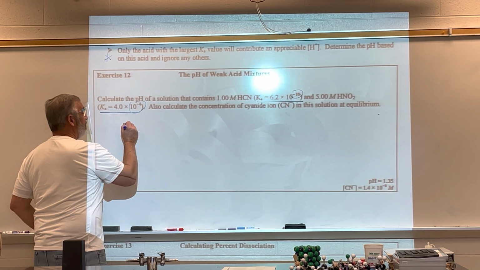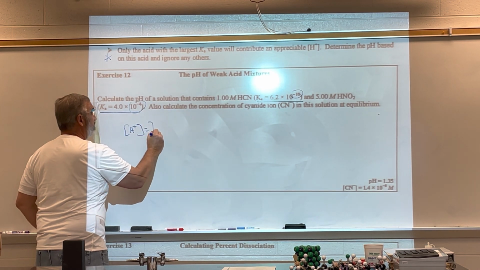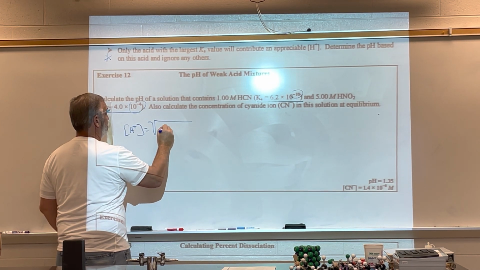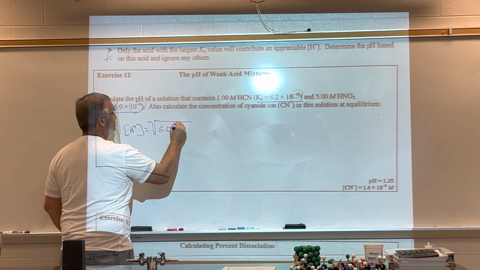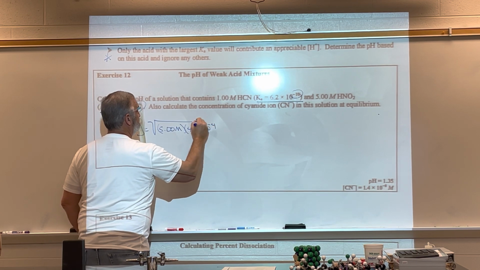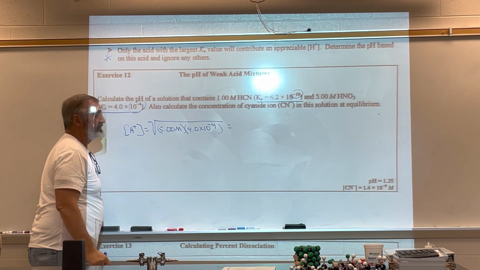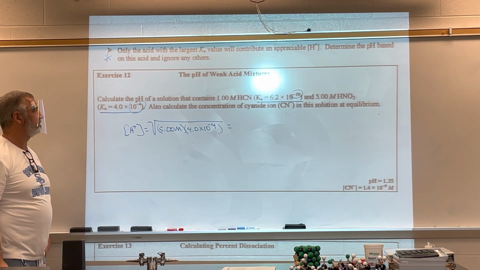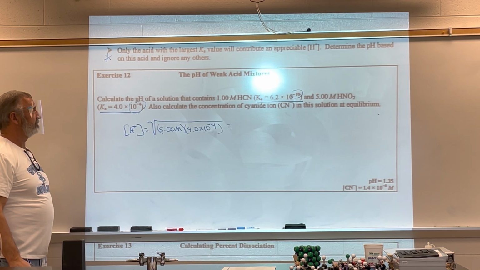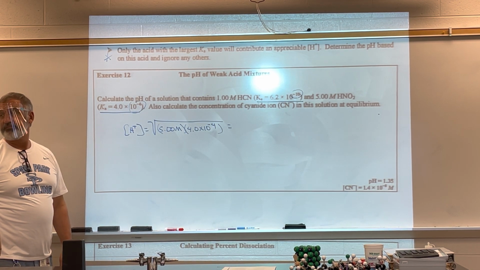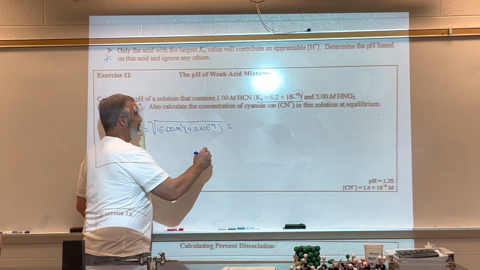So we can just say that my H plus is going to equal the square root of 1 molar, no, 5 molar, times 4.0 times 10 to the minus 4th. And somebody give me a value for that. See, with a weak acid, you can go just straight to that equation. 0.045.